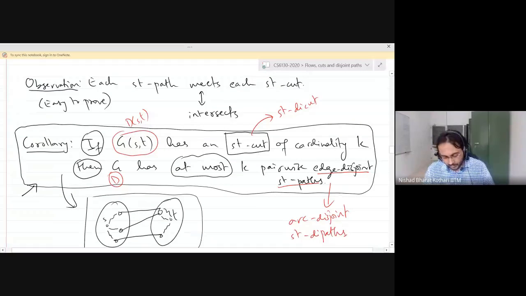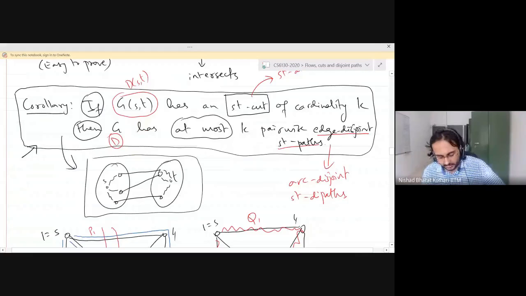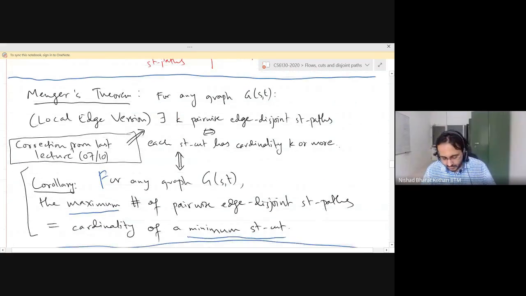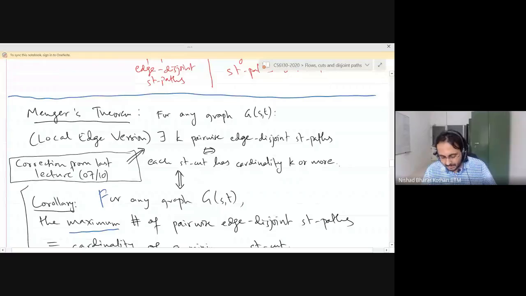The proof is very straightforward. We just did it by drawing. You can write down a formal proof yourself, because each dipath must use at least one arc from the ST dicut, and so you cannot have more than K pairwise arc-disjoint ST dipaths.